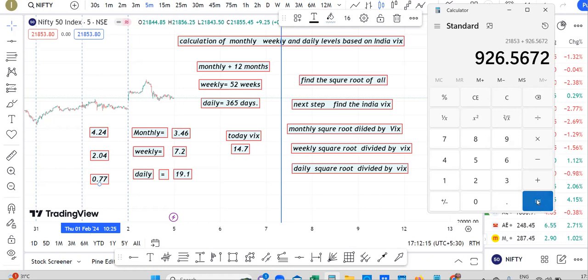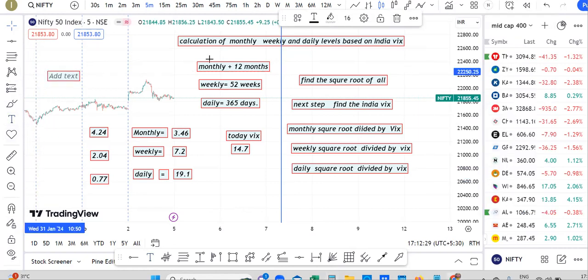It is adding 21,853 plus 926. You can see over there. Is equal to, it is giving 22,779 as monthly high.